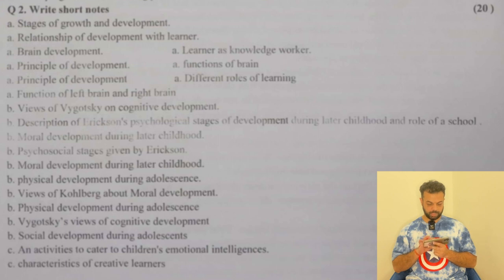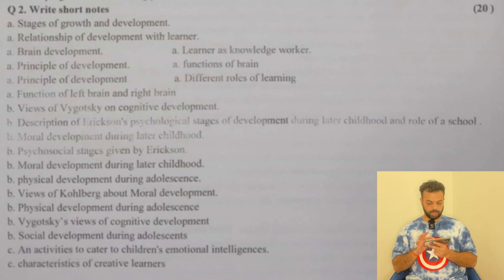Describe Erikson's psychological stages of development during later childhood and role of school. Moral development during later childhood, psychological stages given by Erikson. Moral development during later childhood, physical development during adolescence.